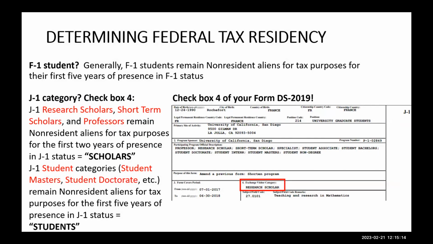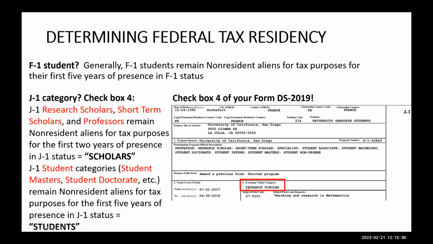A couple other things about it. So F1 students, of course, pretty straight, just you count 5 years. J1s, you have to determine your student or scholar status based on the category of J1 that you're in.